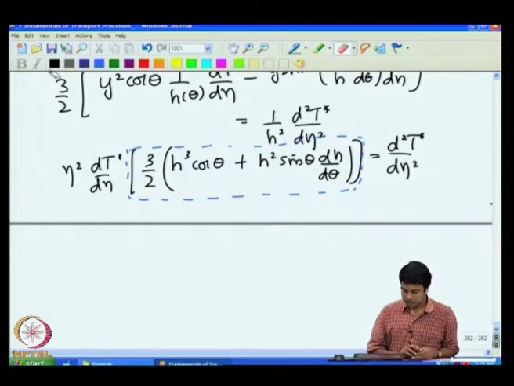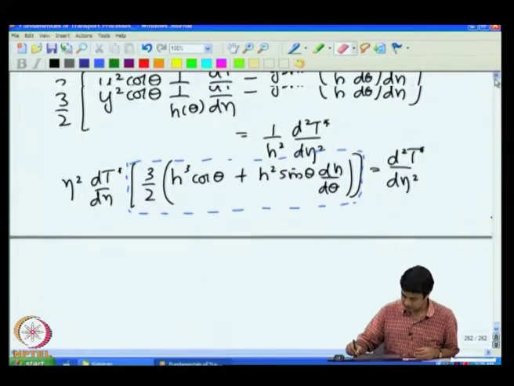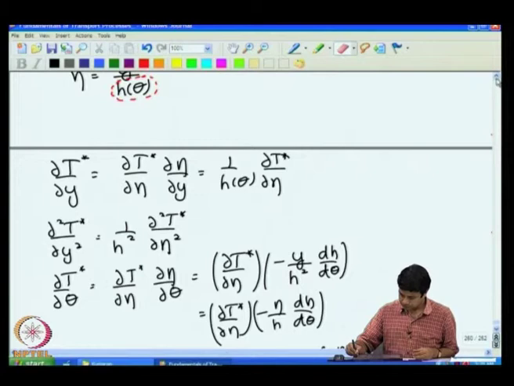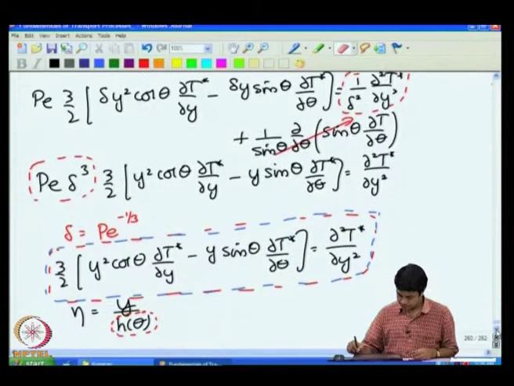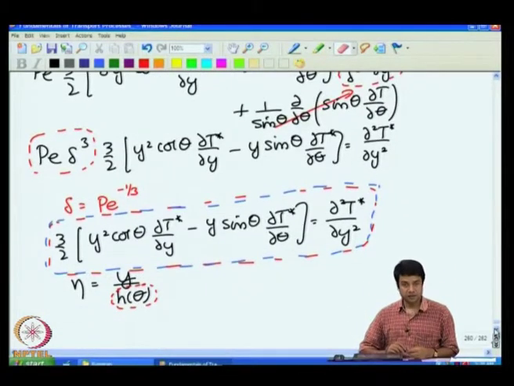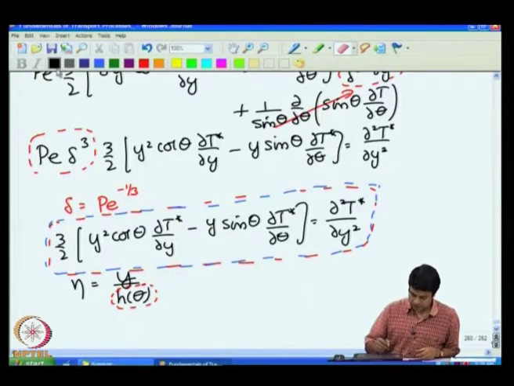Further note that this is a function h in the similarity variable. This is a function which is scaling the variable y, which is the distance from the surface. As we have discussed before, this function here is some kind of a boundary layer thickness.